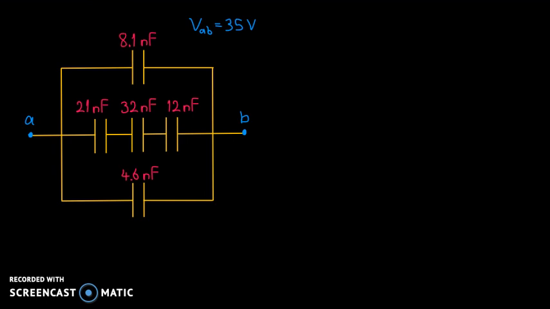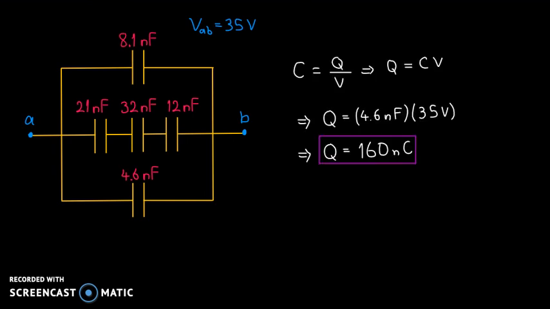So the potential across this single capacitor is also equal to 35 volts. So we can directly apply the capacitance formula to calculate the charge stored in this single capacitor, like so. We simply multiply capacitance times voltage. And I get Q equals 160 nanocoulombs, keeping 2 significant figures.